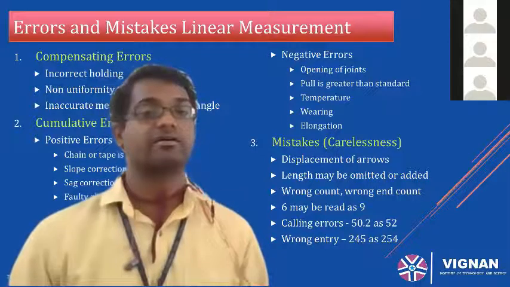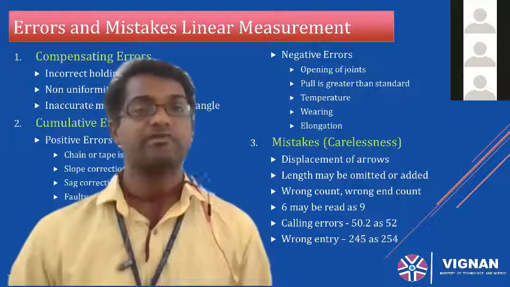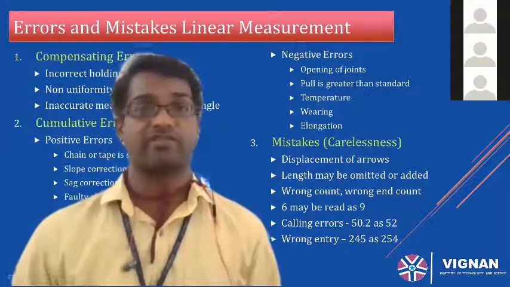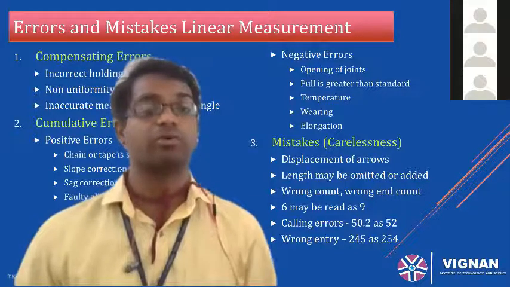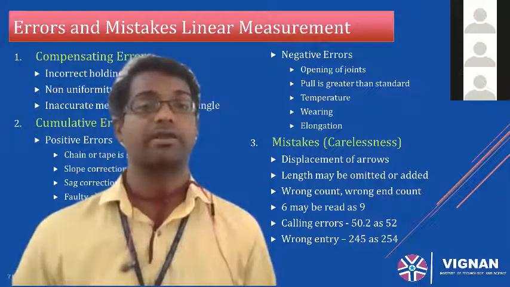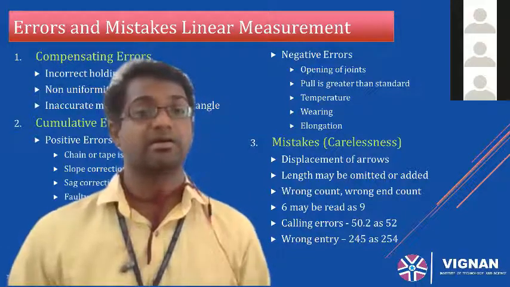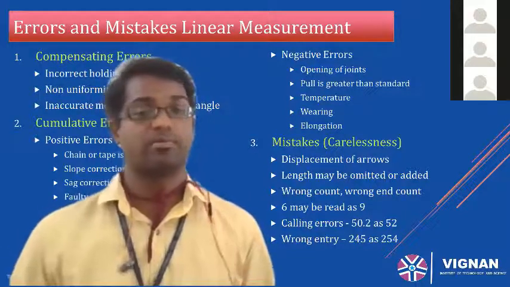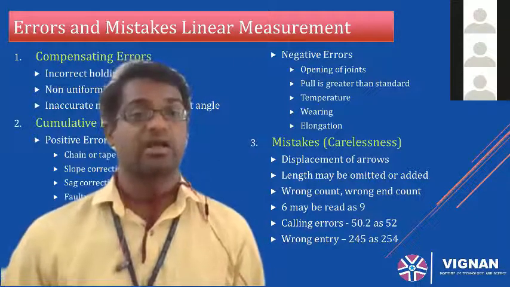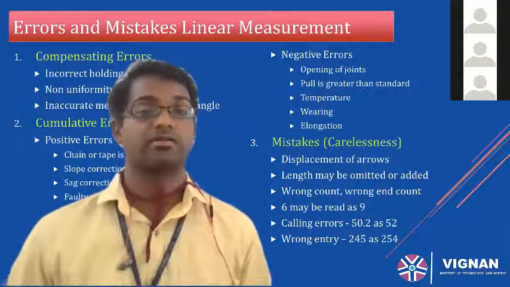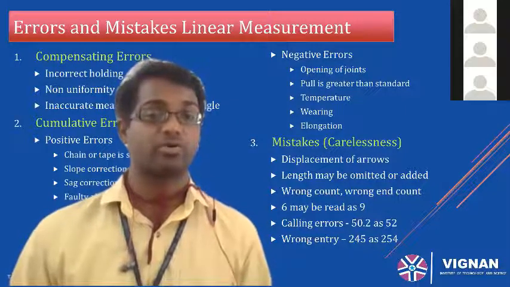Second, the lengths may be omitted or added. For example, if there are 5 chains or 6 chains, sometimes you may have forgotten one of them when counting, or you have added an excess one, right? So the counting problem, right? Sometimes 6 can be read as 9, and the follower has said that it is 50.2, but the surveyor has written 52, right?